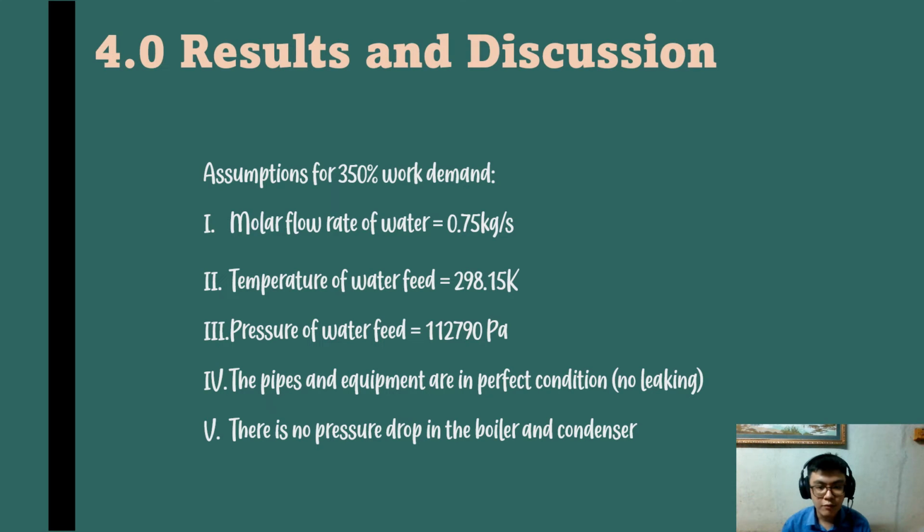The temperature of water feed equals 298.15 Kelvin. The pressure of water feed is 112,790 Pascal. The pipes and equipment are in perfect condition, meaning no leaking and so on. There is no pressure drop in the boiler and condenser.